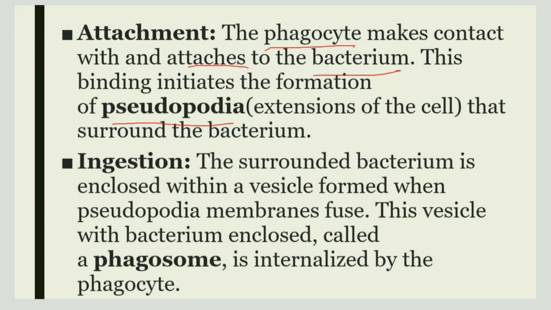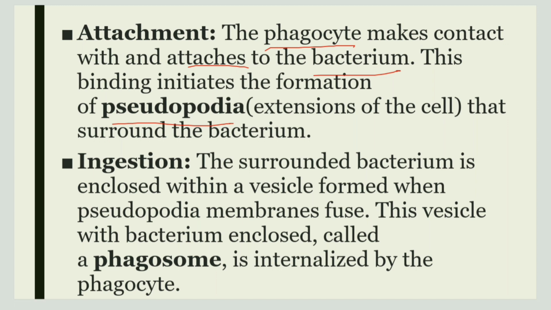The next step is ingestion. When the phagocyte spreads its pseudopodium around the bacterium, the bacterium gets surrounded by it, and the place where the bacterium is surrounded is enclosed within a vesicle, that is, vesicle formation occurs, and inside the vesicle there is the bacterium.